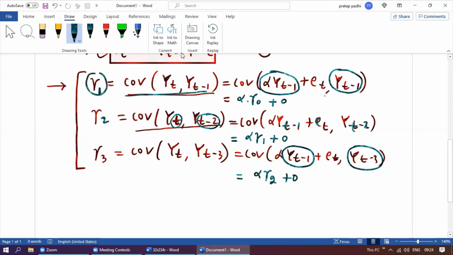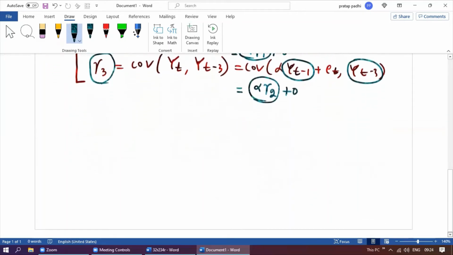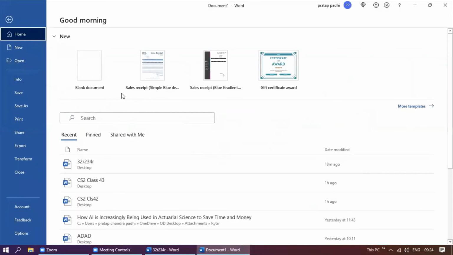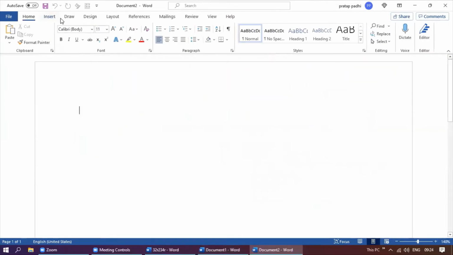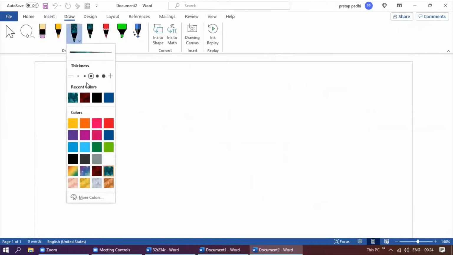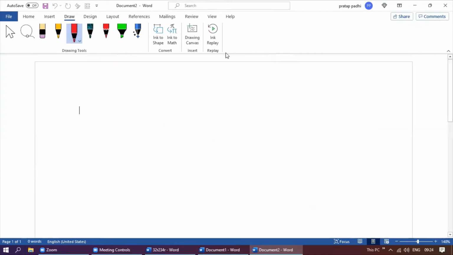Now gamma 1 is equal to alpha gamma naught, gamma 2 is equal to alpha gamma 1, gamma 3 is equal to alpha gamma 2. Okay, let me write all. So remember, what is gamma 1?